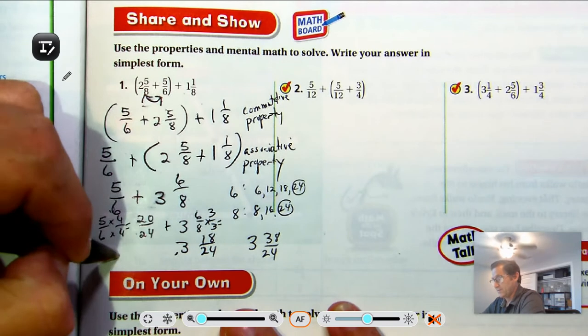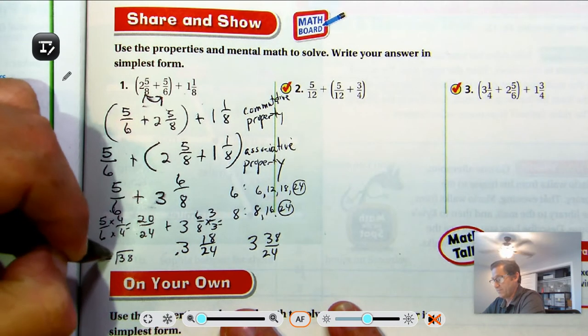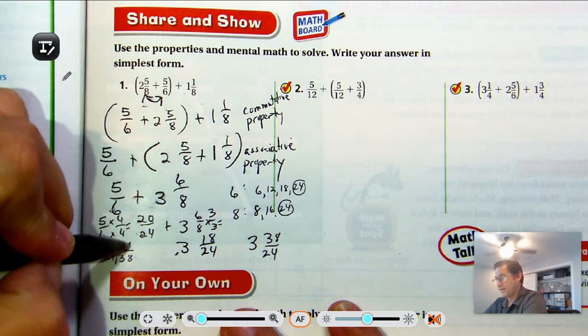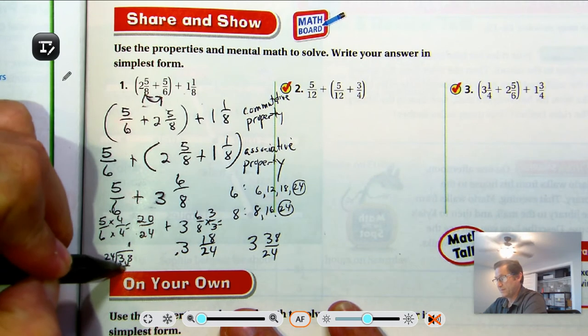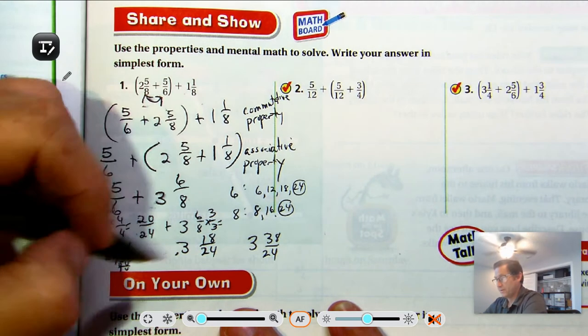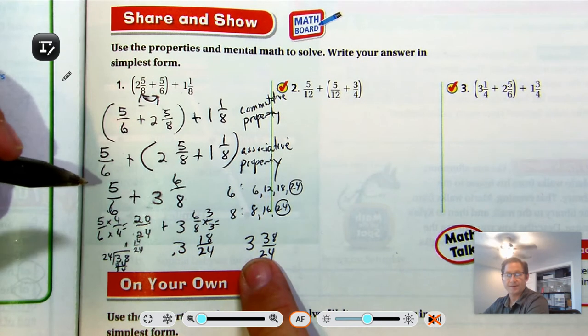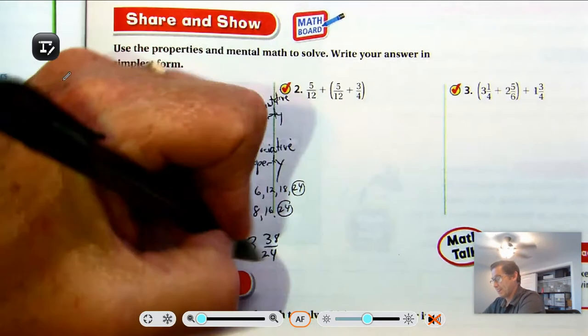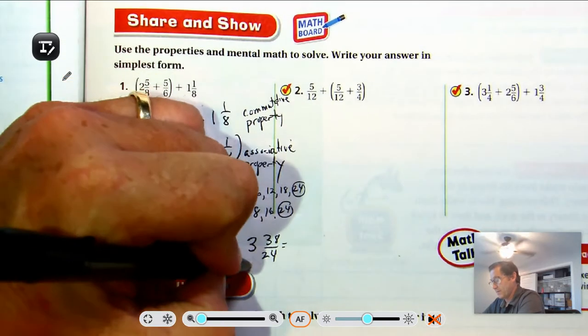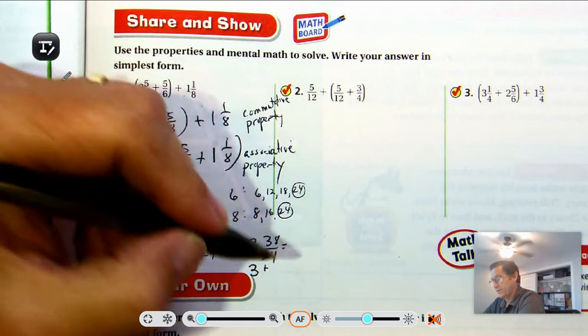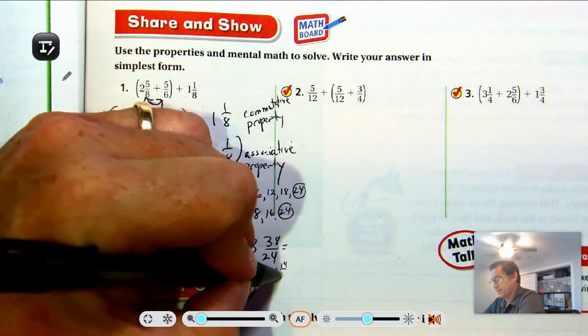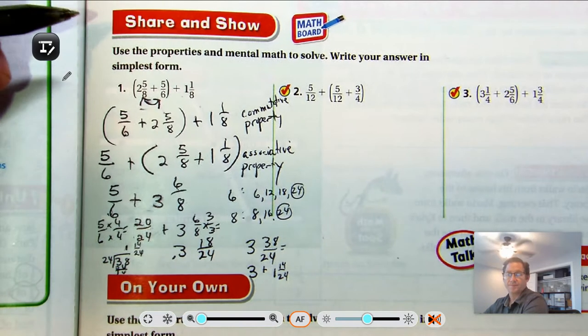We're going to want to simplify the 38/24 by dividing. That would leave me 1 in the quotient with a remainder of 14. So 1 and 14/24 plus 3. 3 plus 1 and 14/24.